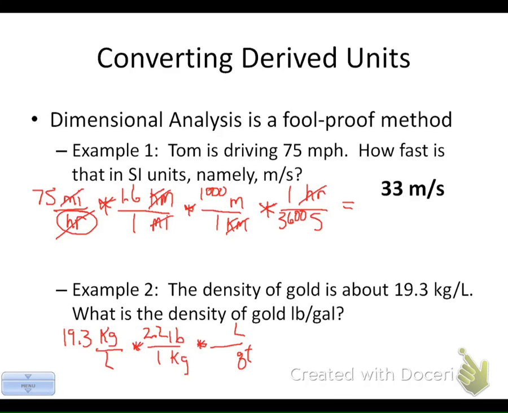So we know that 1 liter is slightly smaller than a quart, so 1.057 quarts in a liter. And then one more step and we'll be done. I know that there are 4 quarts in every gallon. So you do the math, and you will find that the density of gold is 161 pounds per gallon.